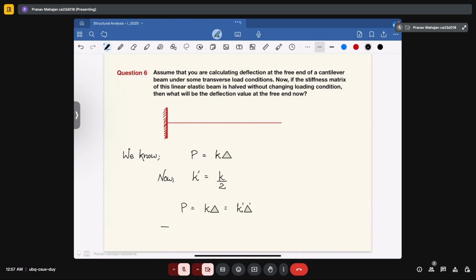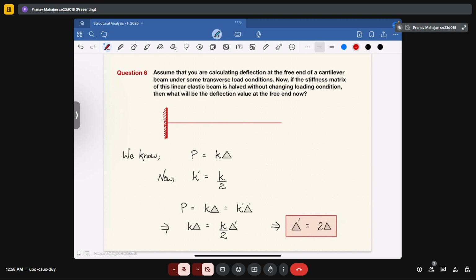Substituting the value of K dash, K into delta will be equal to K by 2 into delta dash. This gives delta dash equal to twice delta. So you will observe the deflection to be twice when your stiffness is reduced to half.